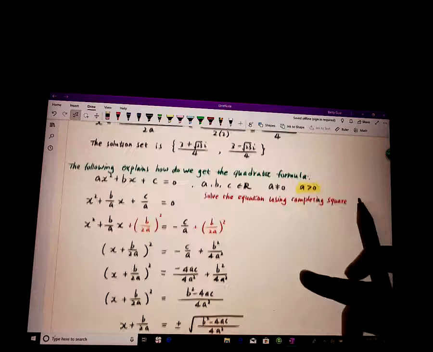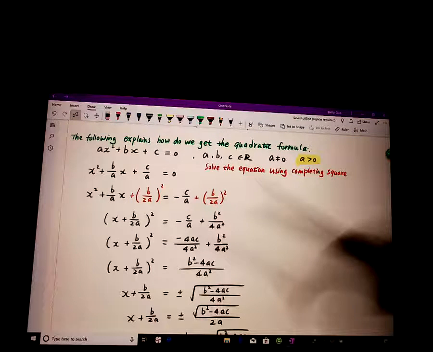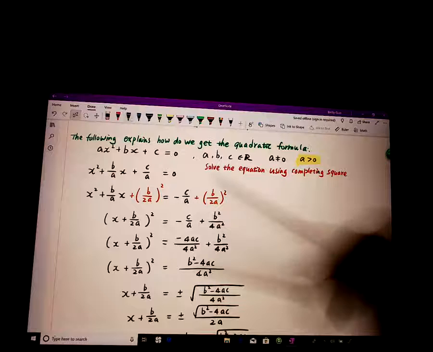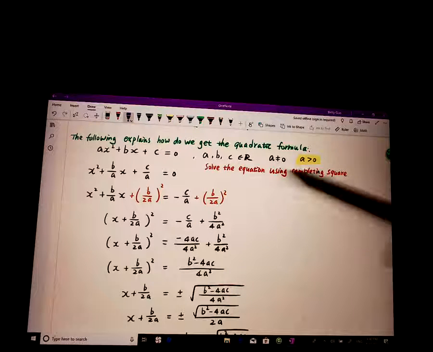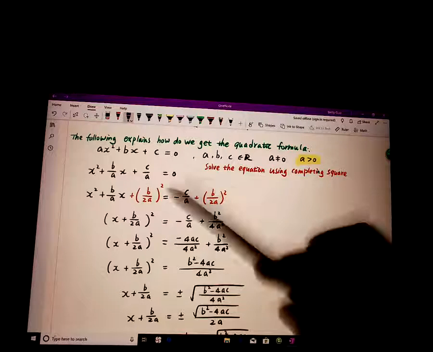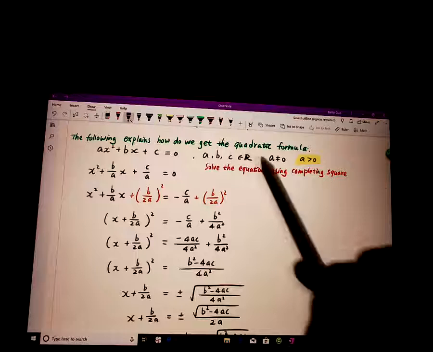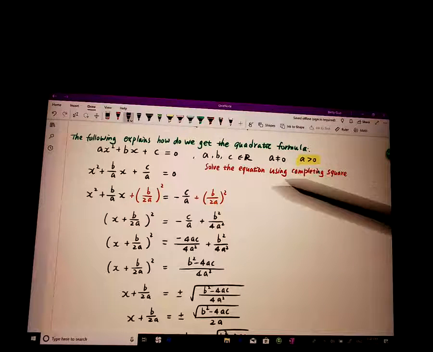The last part of this section I want to mention is on the notes. This part, the following procedure, is how we get the quadratic formula. How come the quadratic formula looks like that?